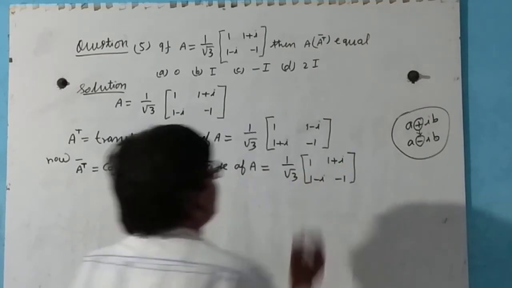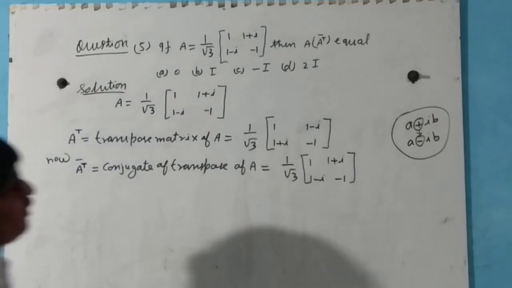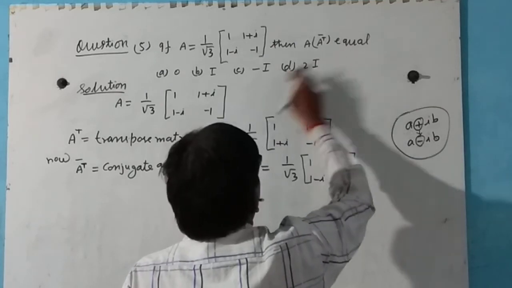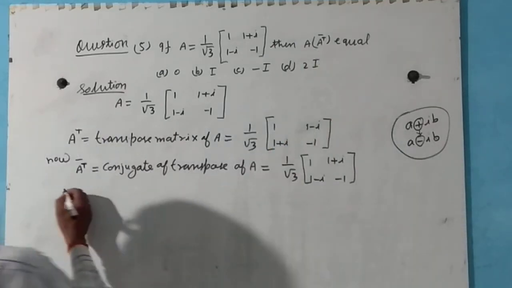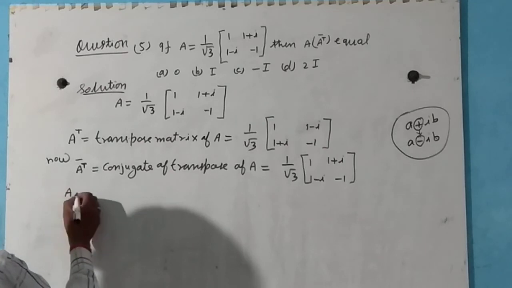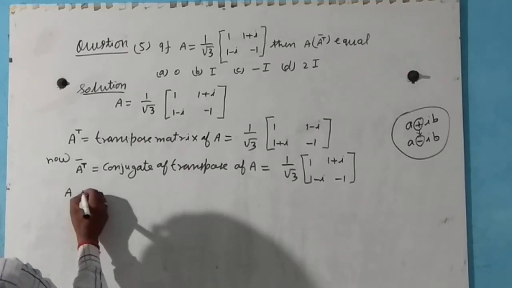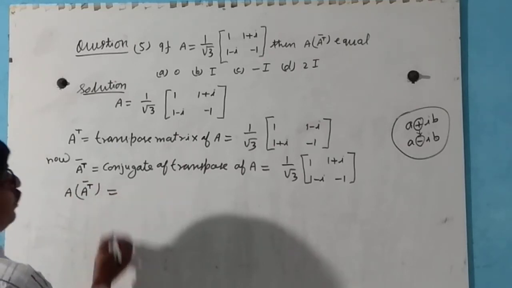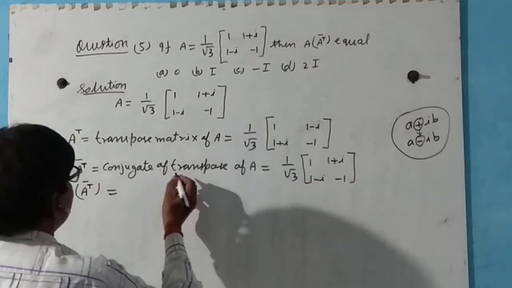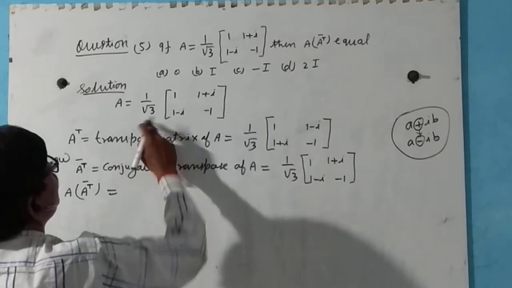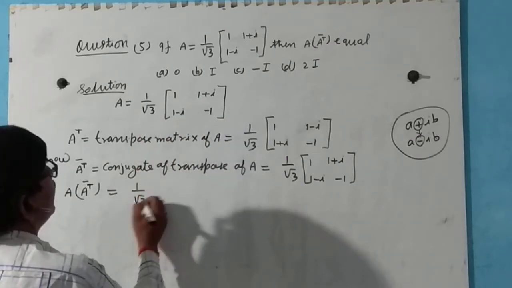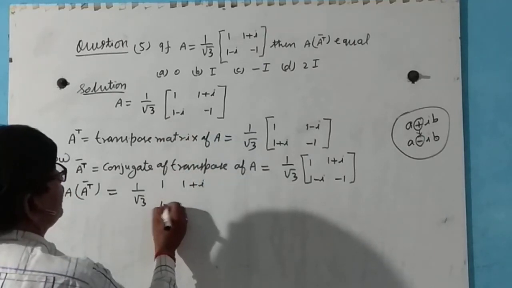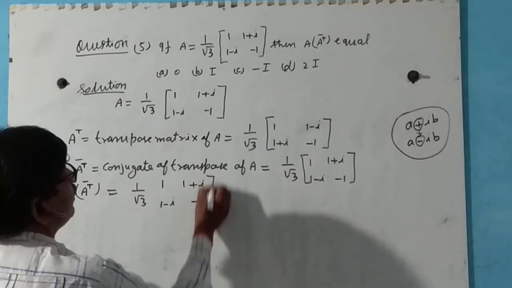Now we have to show the product of A and the conjugate of transpose of A. A is equal to 1 by root 3, matrix 1, 1 plus I, 1 minus I, minus 1.